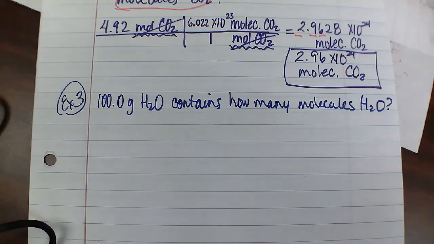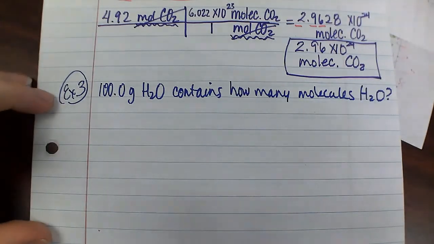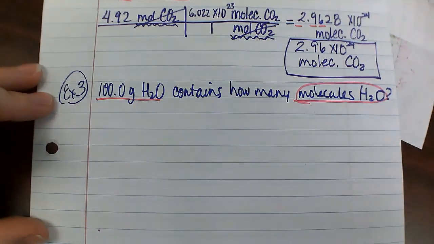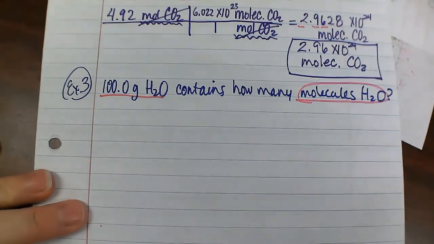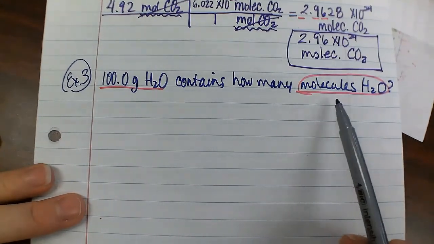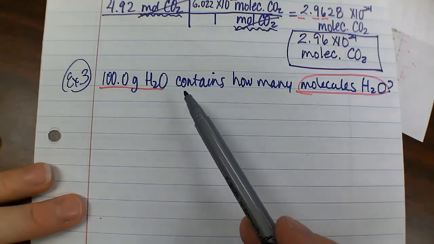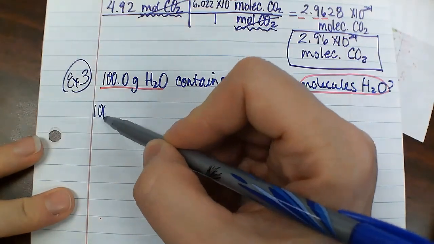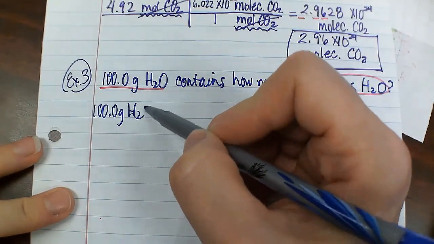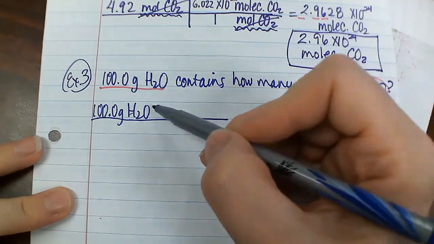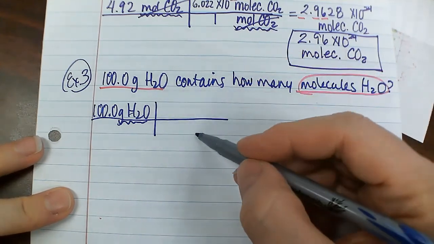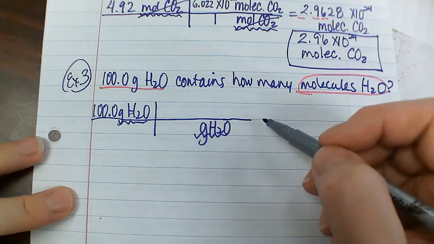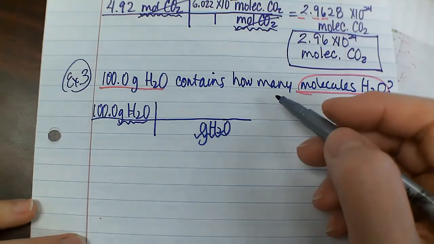All right, so in the problem, I'm given 100.0 grams of water, and I'm trying to find molecules of water. This one is going to take us 2 steps because I don't know how many molecules are in grams. There was nothing that we talked about earlier. So 100.0 grams of H2O, build your picket fence. Take this label and put it on the bottom, just like every other problem when we've done any conversions.